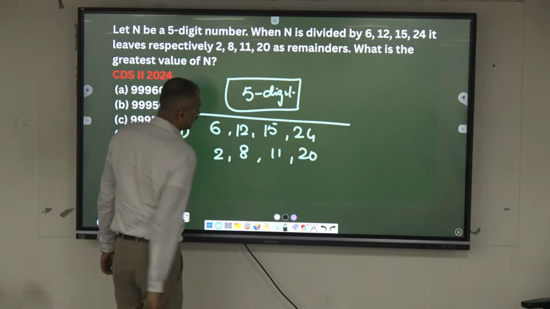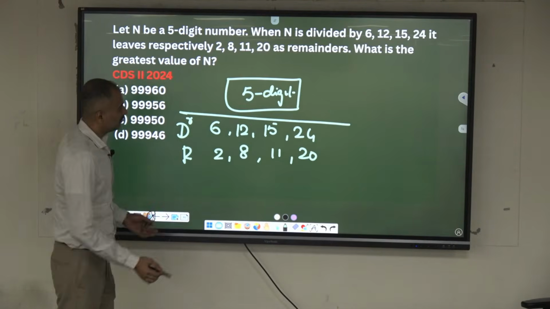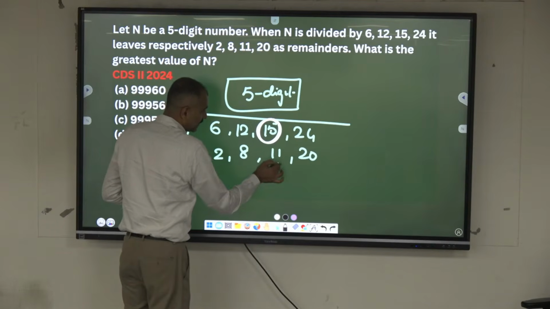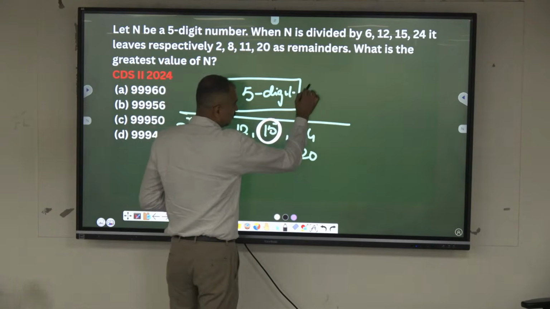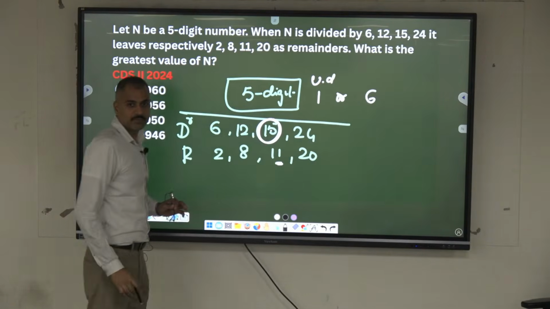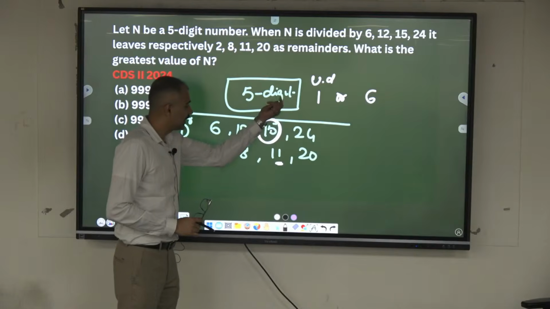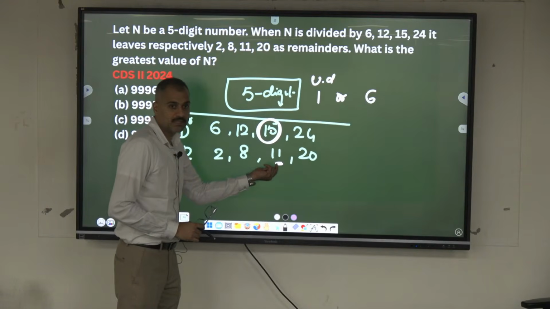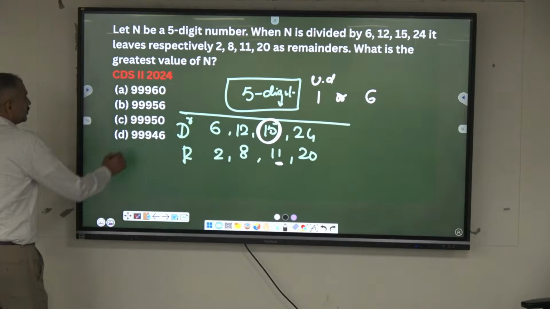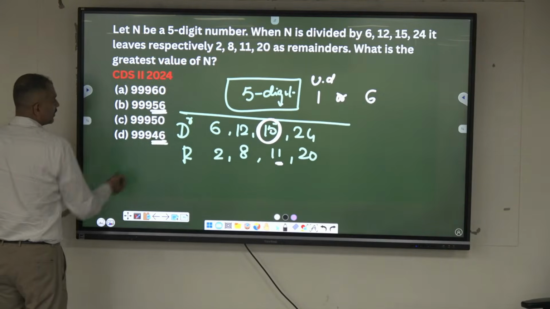Yeah, this is the negative remainder concept. Okay, look here now. We can go by deducting. When I'm dividing by 15, if the remainder is 11, the unit digit has to be either 1 or 6. A number divided by 15 leaving remainder 11 has to end with either 1 or 6. What are the options we have? 2 options, 56 and 46.